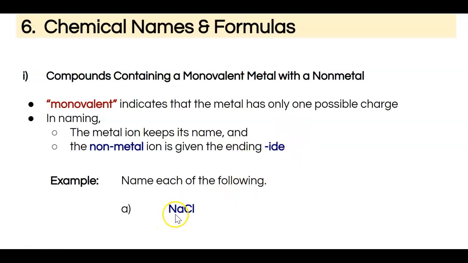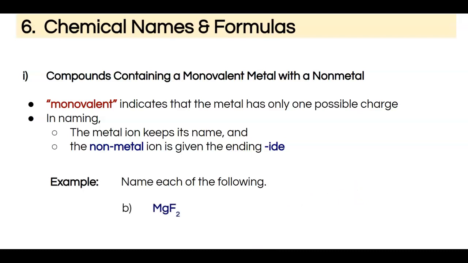The first part of the name is going to be sodium. And then all I do is change the chlorine atom's ending to "ide." So putting those pieces together, this would be sodium chloride. Again, remember the cation goes first in the formula and the anion goes second, and I change that ending to "ide."